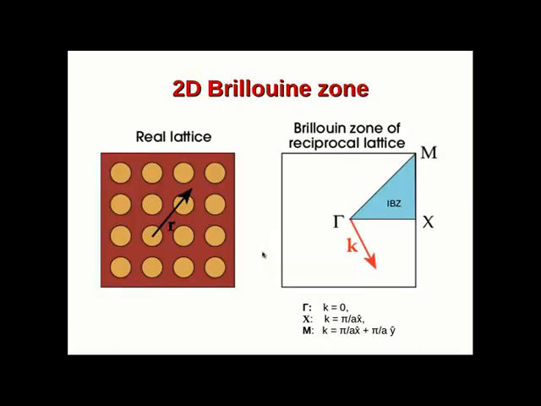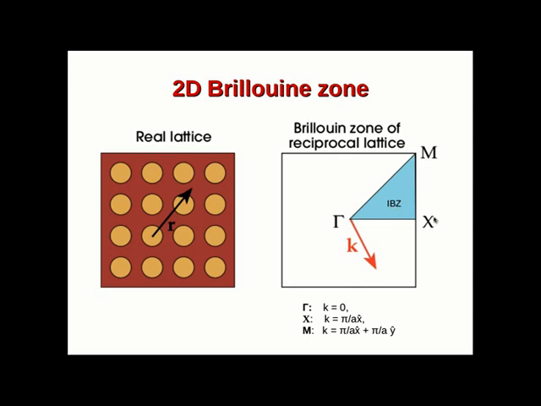Before diving into the photonic crystals, let us take a look at the 2D Brillouin zone. On the left, you can see an example of a square lattice and its corresponding square Brillouin zone. The Brillouin zone also contains an irreducible Brillouin zone.